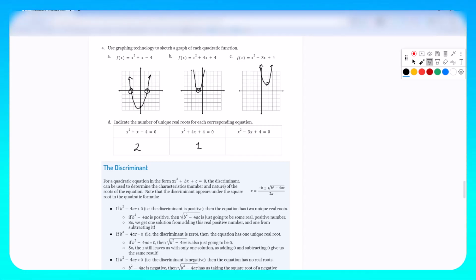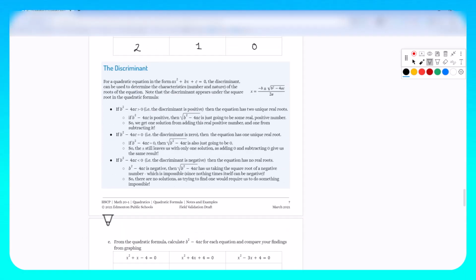And notice this one doesn't even cross the x-axis, so this one would have no real roots. And as we talked about in the previous question, there may be 2, 1, or 0.